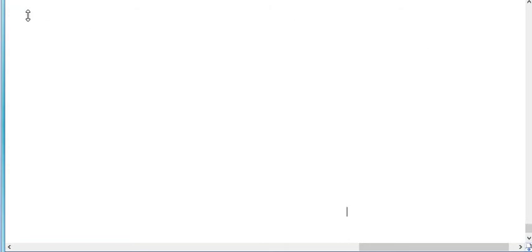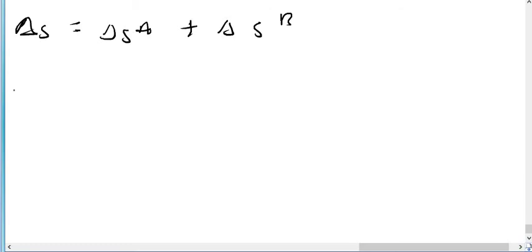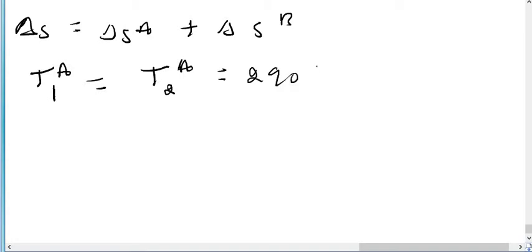Since I'm talking about the two tanks, the total change in entropy will be equal to the change in entropy in A plus the change in entropy in B. Note that TA is constant, that is TA1 is equal to TA2, which is 290 Kelvin.